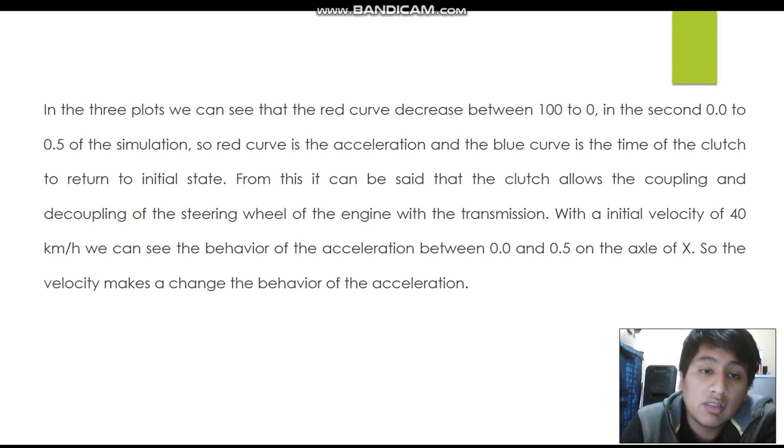From this, it can be said that the clutch allows the coupling and decoupling of the flywheel from the engine with the transmission. With an initial velocity of 40 km/h, we can see the behavior of acceleration between 0.0 and 0.5 on the X axis. So the velocity changes the behavior of the acceleration.